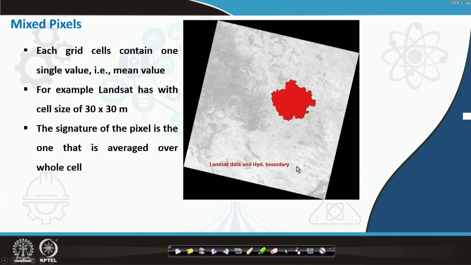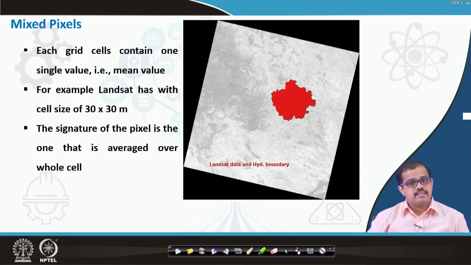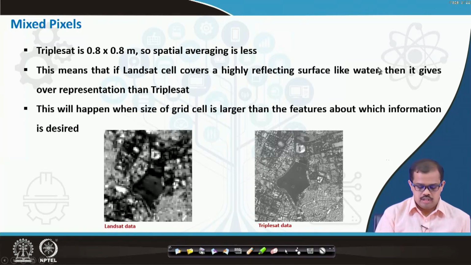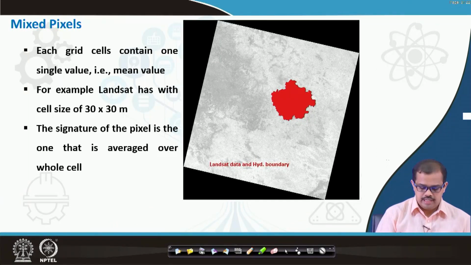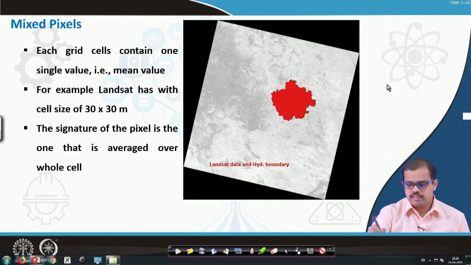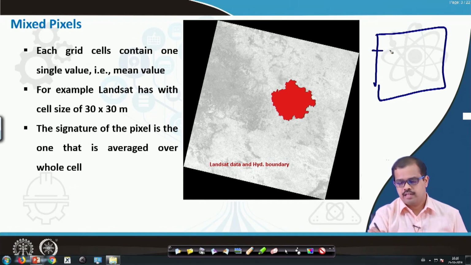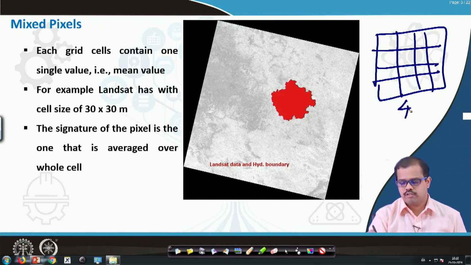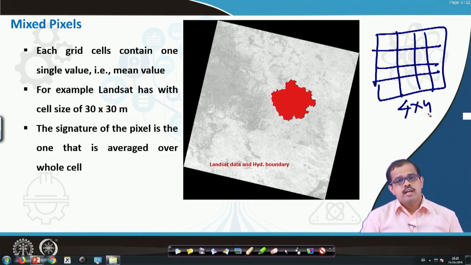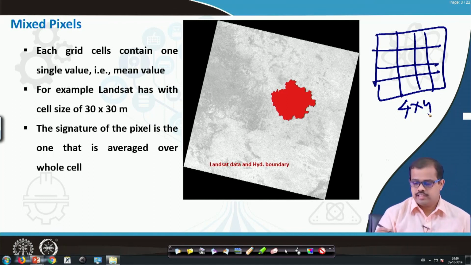So the second problem is mixed pixels. Each grid cell contains one single value. For example, if you look at Landsat data, let us consider a certain number of rows and columns. I have just taken 4 rows by 4 columns. Each is 30 meter by 30 meter.